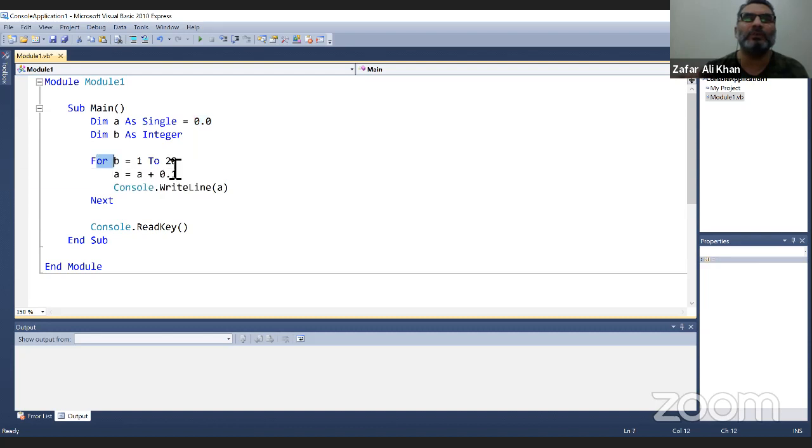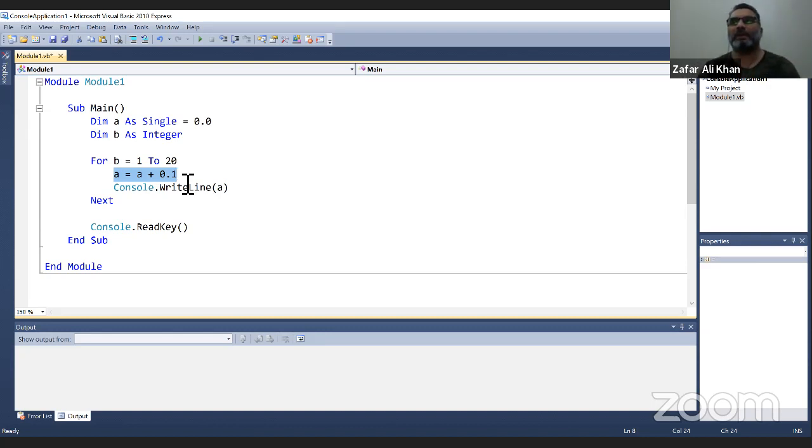Then we run a for-next loop 20 times, and in every loop we are adding 0.1 to a. We know that 0.1, 0.2, 0.3, 0.4 cannot be saved. Similarly, 0.6, 0.7, 0.8 cannot be saved. So we want to see how the error accumulates and when the computer shows it.